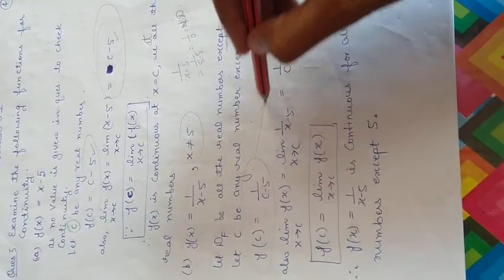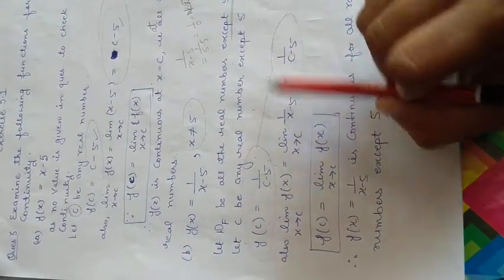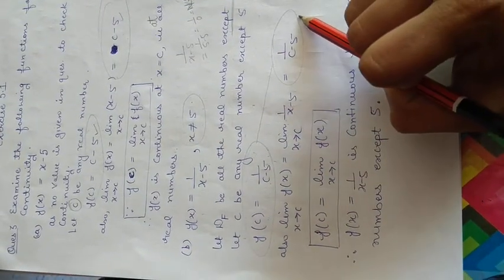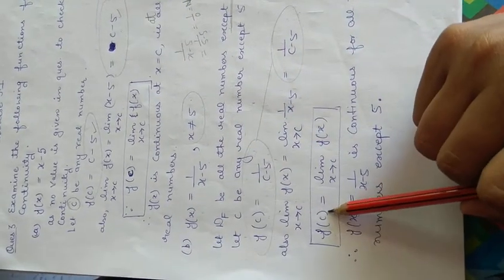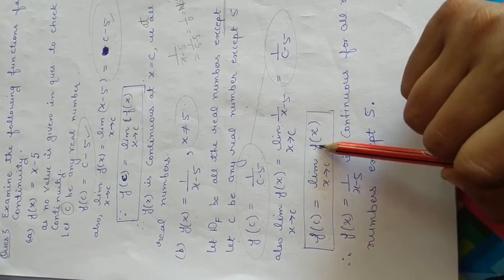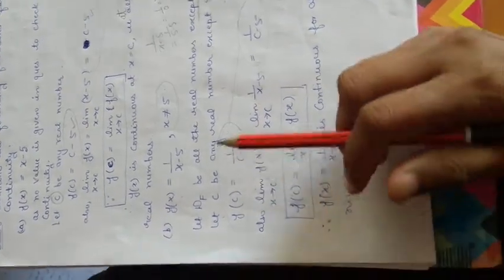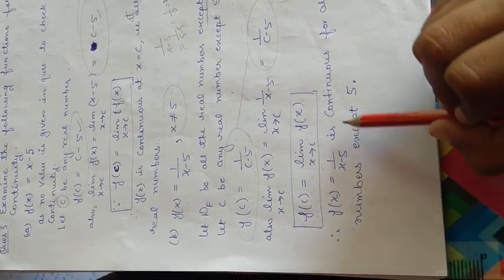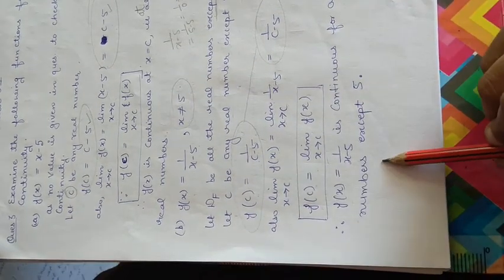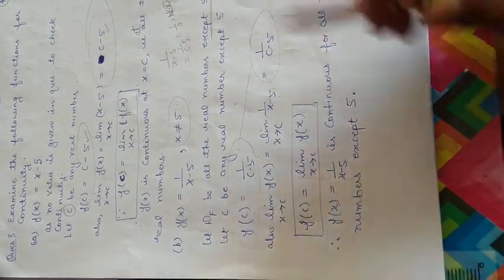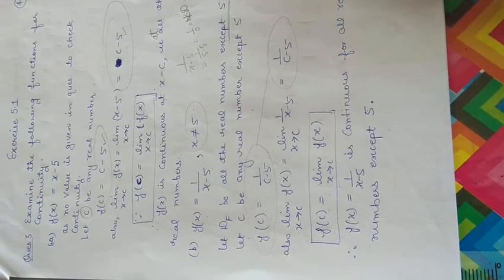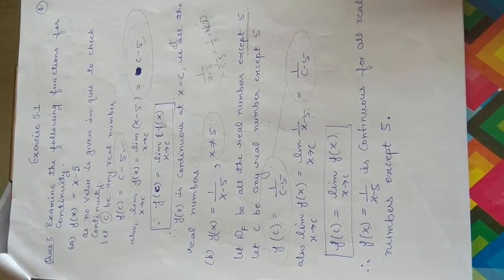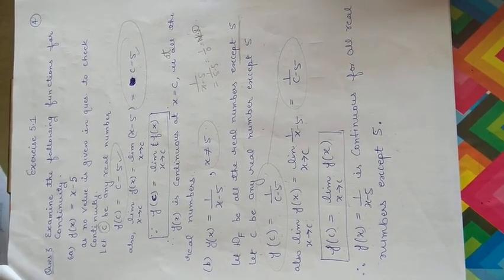As both values are same, what can I say? f(c) is equal to limit of f(x), x tends to c. It means f(x) is equal to 1 upon x minus 5 is continuous for all real numbers except 5.